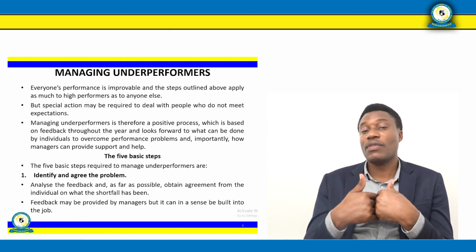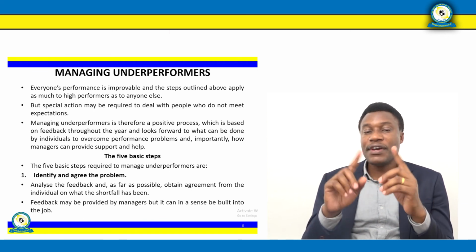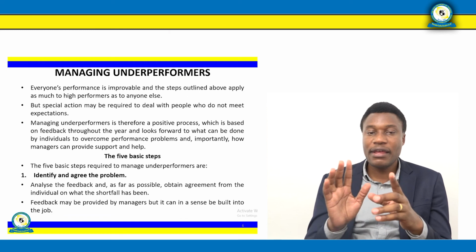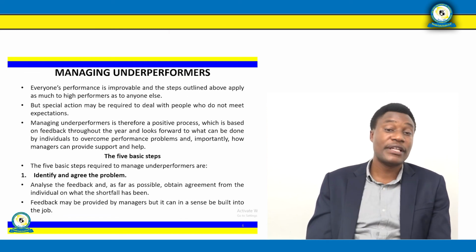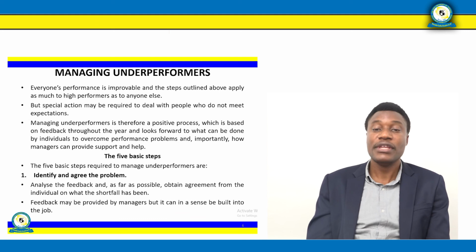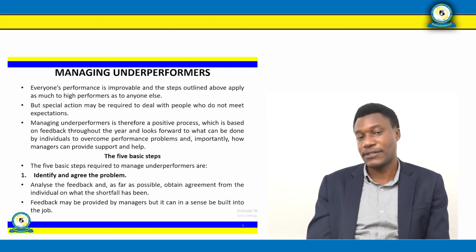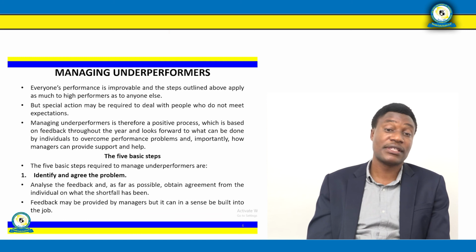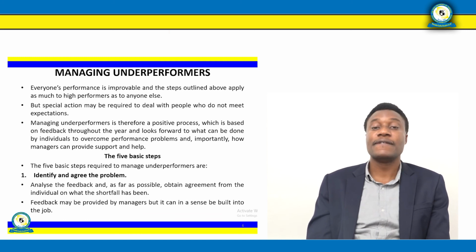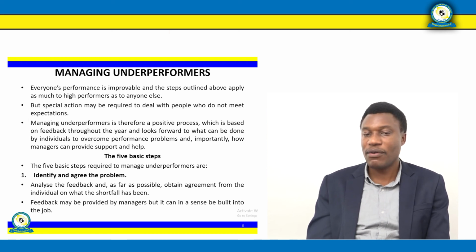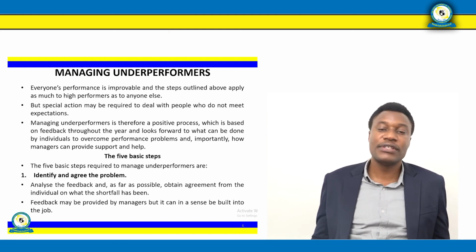The steps that we have discussed above are very important to improve anyone's performance. But special action may be required to deal with the people who do not meet the expectations. Managing underperformance is therefore a positive process which is based on feedback throughout the year and looks forward to what can be done by individuals to overcome performance problems, and importantly, how managers can provide support and help to them.